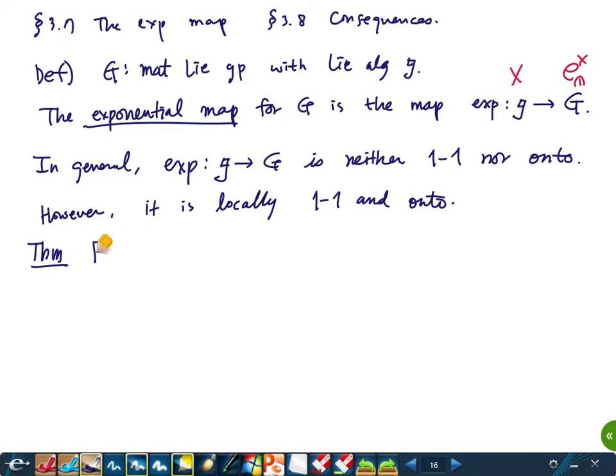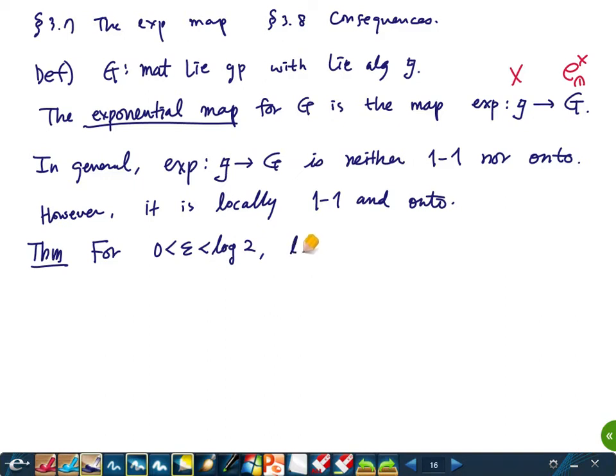I'm going to just write down the theorem, and then let me explain. We have some kind of technical condition, but just think of this as restricting our domain to be very small, so that it's going to be one-to-one and onto.